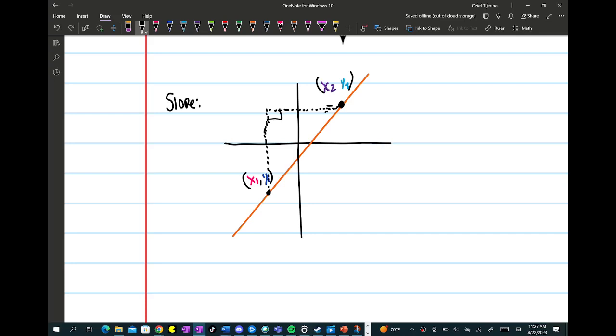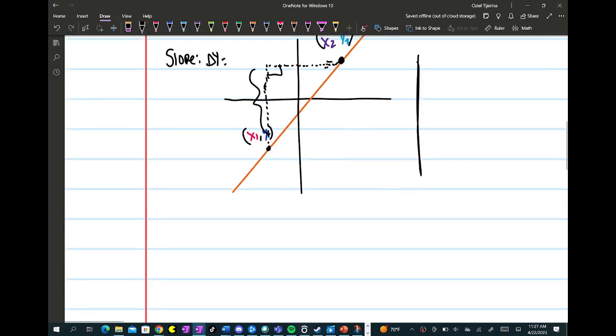So this is considered the y-axis, right? So this here can be determined by the change in y. Let me write it down.